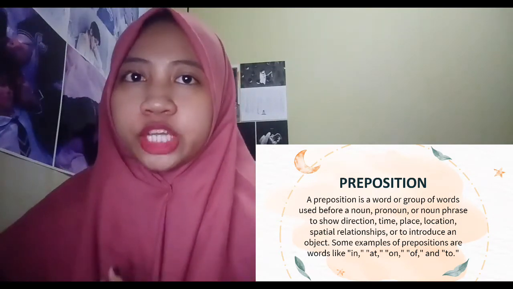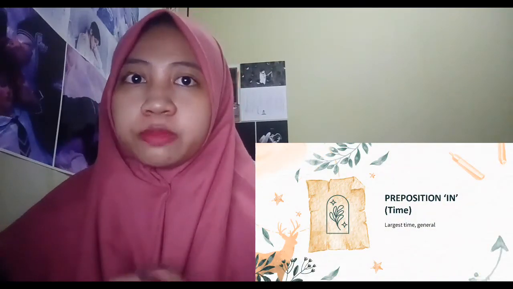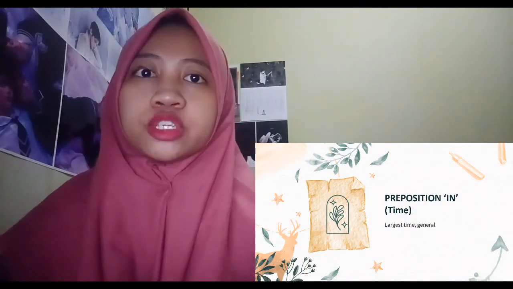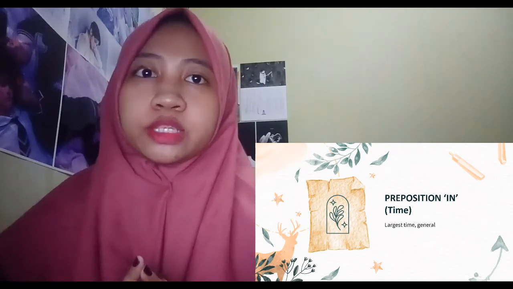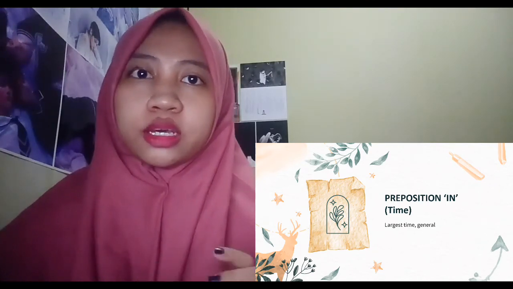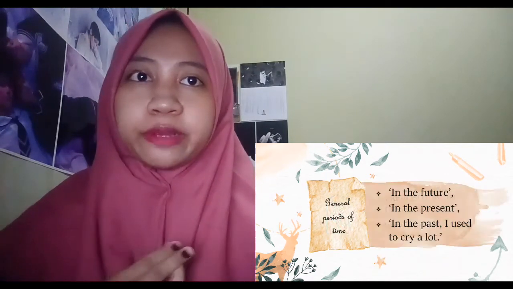Now let's look at the 3 prepositions. The first preposition is the preposition in. The preposition in can be used for something large or general. So as a preposition of time, in can be used first for general periods of time.